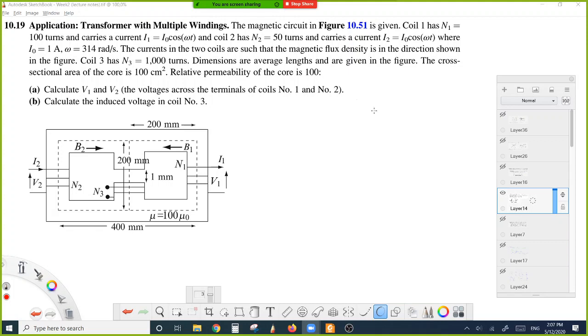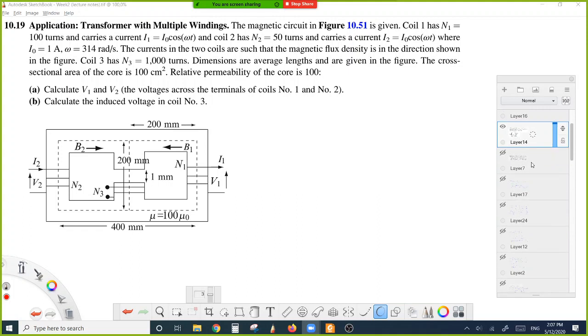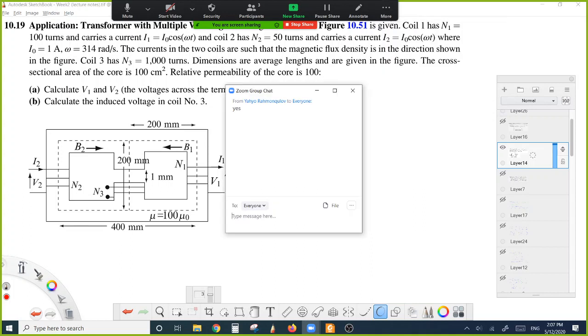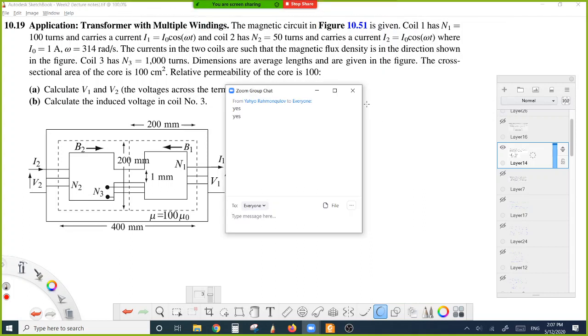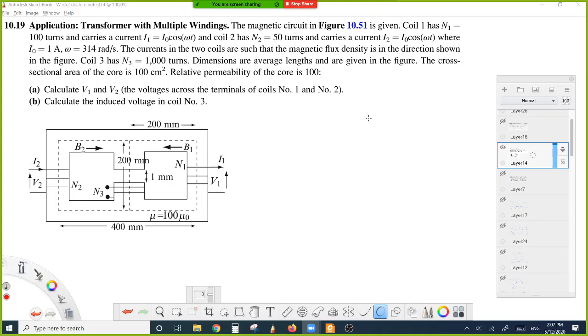Just say yes or no. Okay. And do you have any questions regarding this problem? Well, please ask, don't hesitate if you have questions regarding the problems.